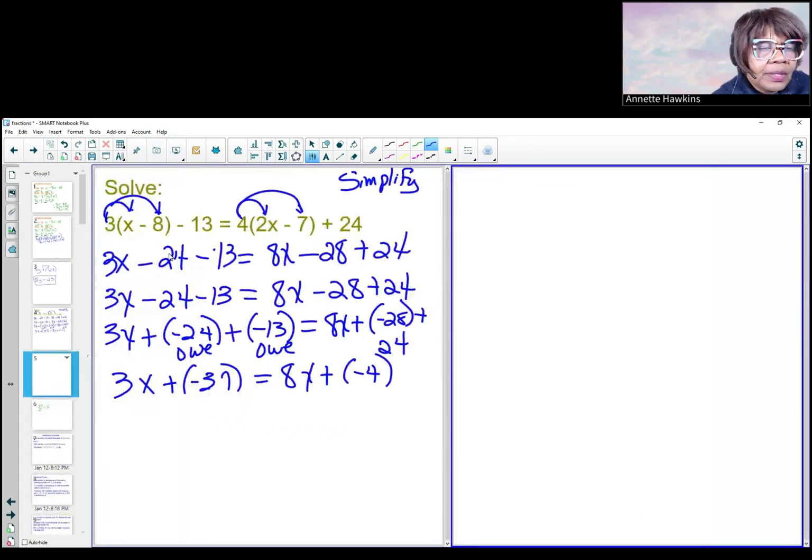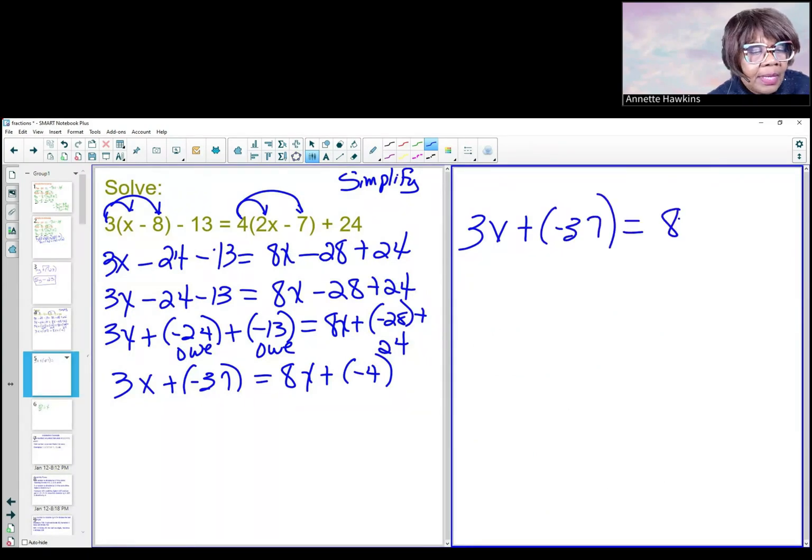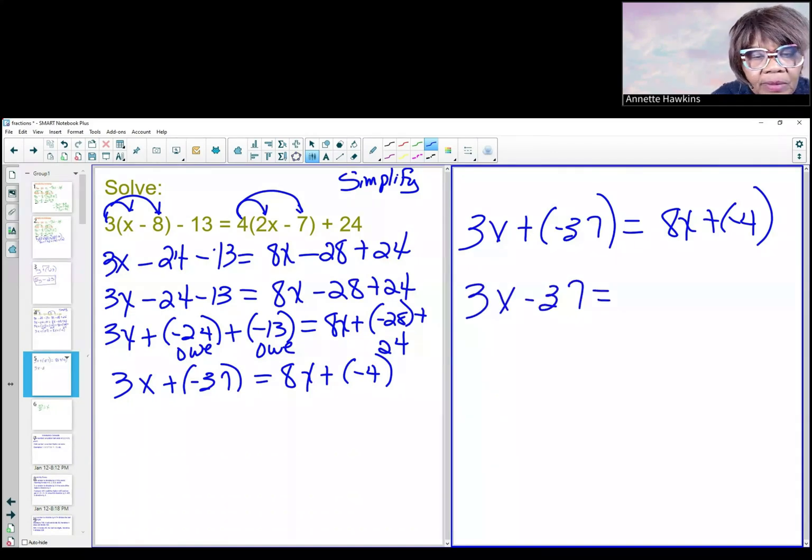All right, so this is 3x plus negative 37 equals 8x plus negative 4. Okay. All right, plus opposite means to subtract. So I'm going to change this back. And now after I have simplified, I'm ready to isolate.